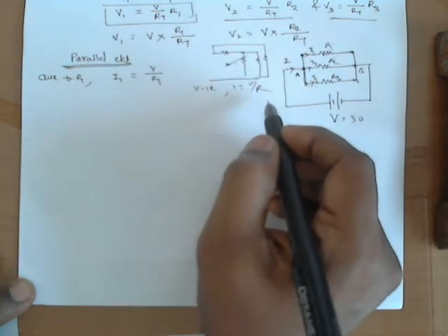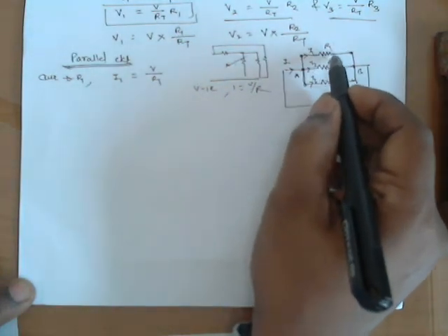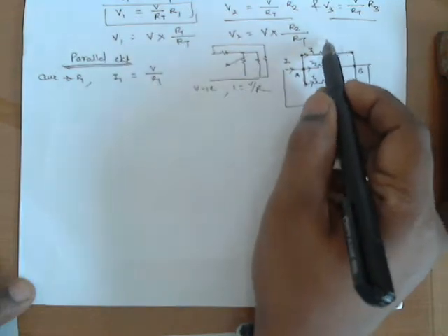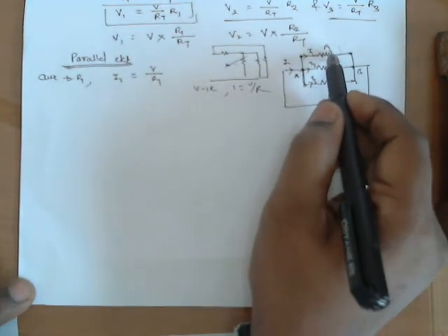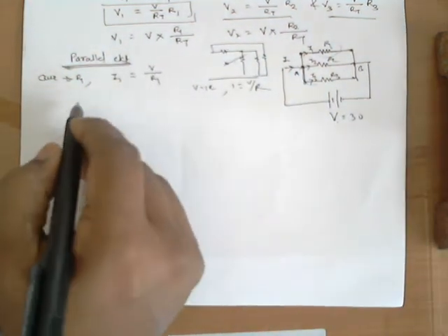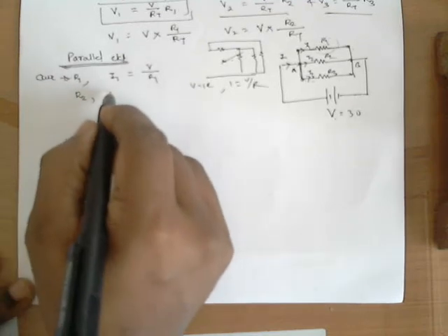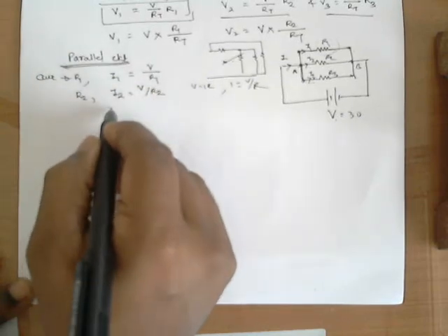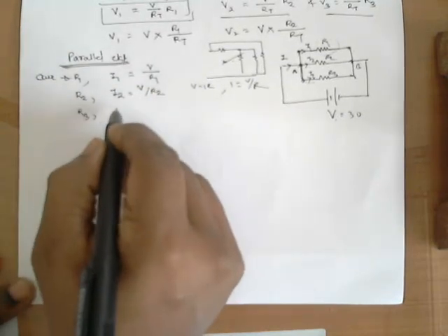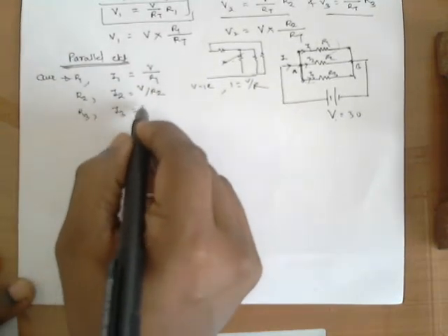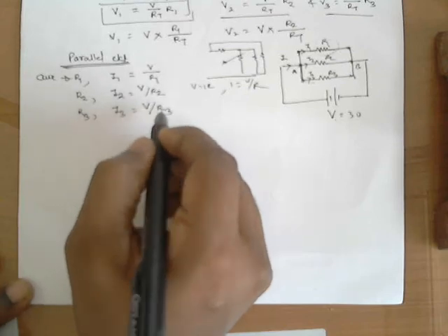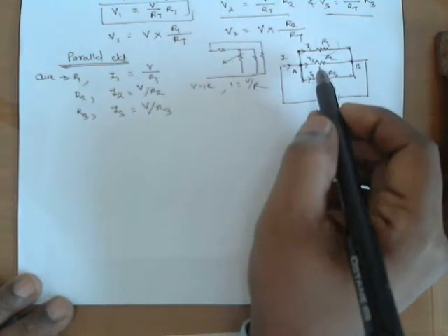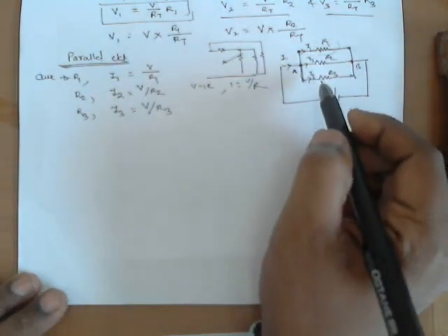So the current in this particular resistance, that is I1, is given as the voltage at the resistance, that is V, divided by the resistance itself. So V upon R1. What is the current at R2? Current at R2 is I2 equal to V upon R2. Similarly, current at R3, that is I3, is V upon R3. Now for a parallel circuit, as I said, the main current is the summation of all these three currents.